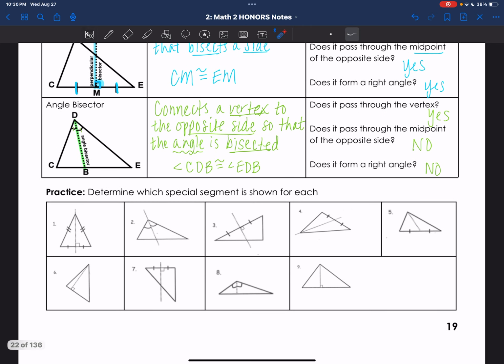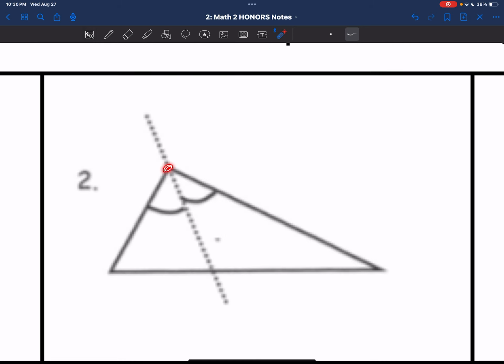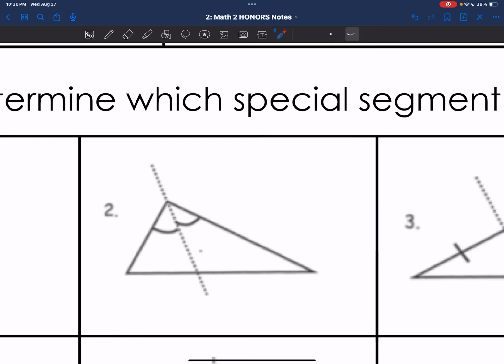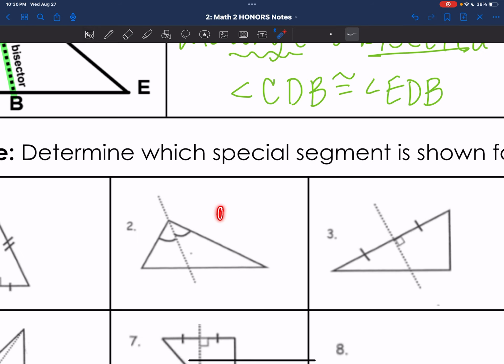All right, and then here, notice it is not the same. If you notice, this angle is congruent to this angle. So this one would be an angle bisector.